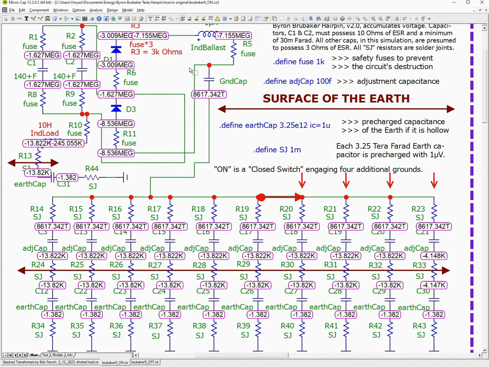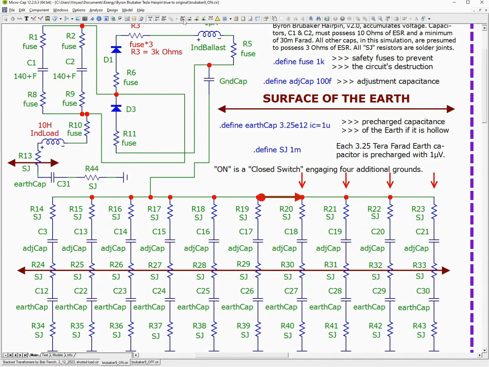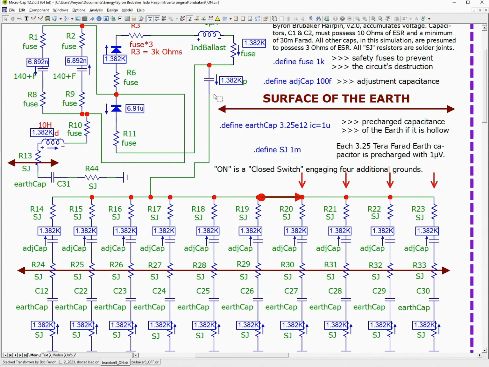Now I noticed that when you do a current flow diagram, a very interesting thing happens. Notice how all the arrows are pointing up here, and they're also pointing up down here. But it's pointing down here and down here. It's up here, so apparently it's going around in a circle, except here. It's going back the other way. So from this point, it's going here and then down, and from this point, it's going this way.